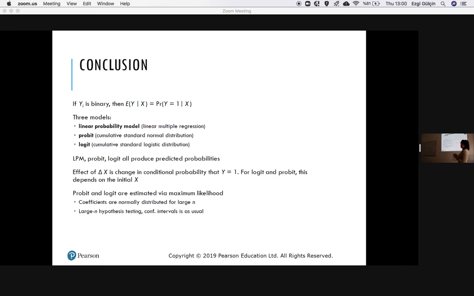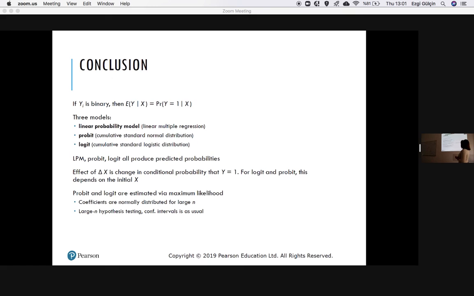We have three models. The linear probability model, where we didn't do anything different, but we have a constant effect of X on Y, and this doesn't really apply very well to probabilities. We have the probit and the logit models. These are nonlinear probability models which differ in the function that we are using to track this nonlinearity.